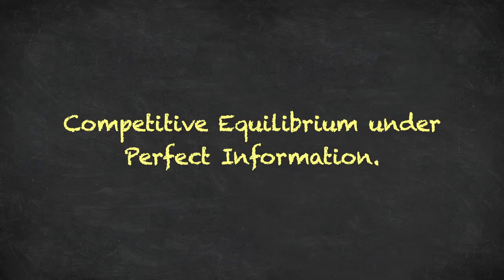Let's go on paper and derive the competitive equilibrium of this market under these conditions. Okay, so now let's derive the competitive equilibrium contracts under the assumption that there is perfect information.